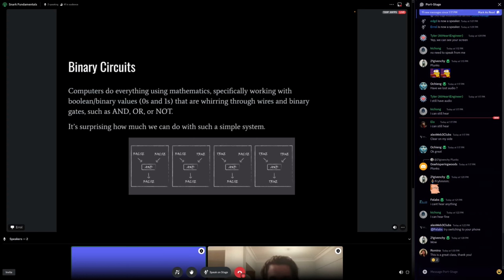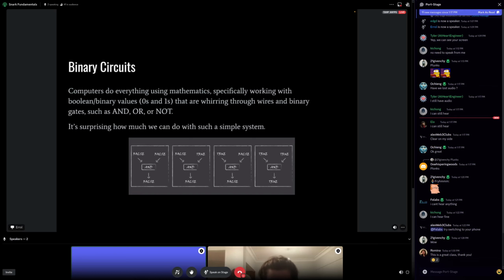It's quite a straightforward base system: zeros and ones going through gates that do very small operations. And yet, because of that, you can see me on your screen, you can hear me, and your computer does all these other things, like even the fact that it controls the screen is kind of strange. But the point being, with this very basic system, we can do all this incredible stuff.